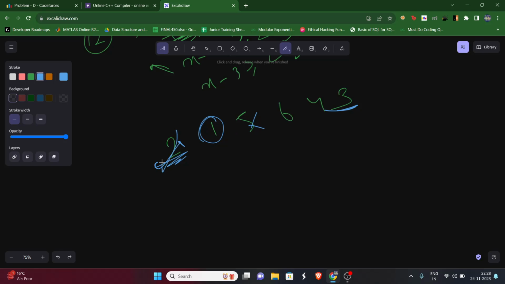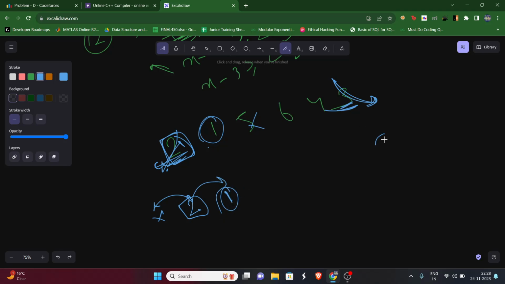We can always kill the most side element last, because any monster you want to kill, its adjacent monster must be dead, right? So for this 2, there is no monster dead on the left. So that means I can only kill this 2 if its right monster is dead.